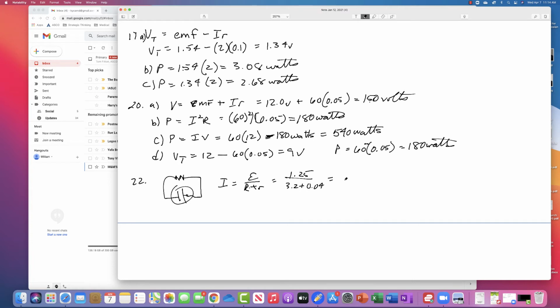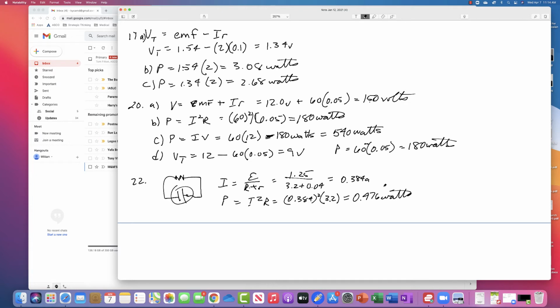And if you add those together, you get 0.384 amps. And then the power for this is now going to be I squared times R, which is equal to 0.384 squared times 3.2. And so the radio power usage is 0.476 watts.